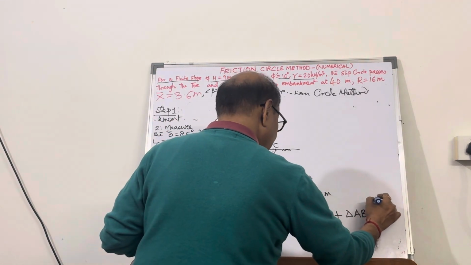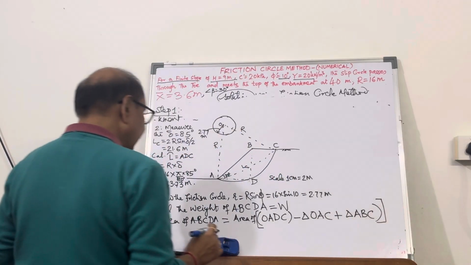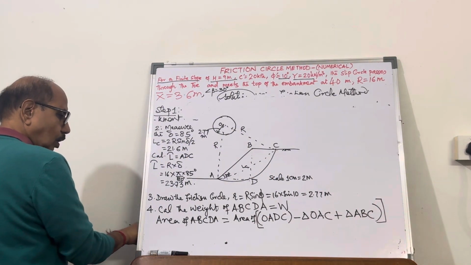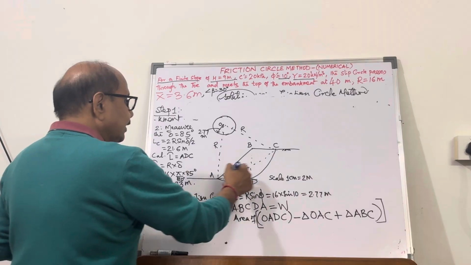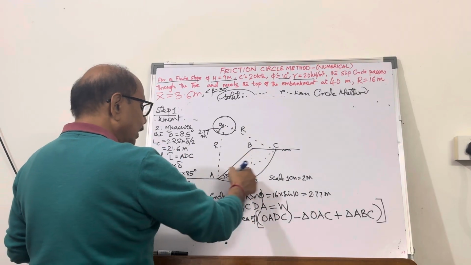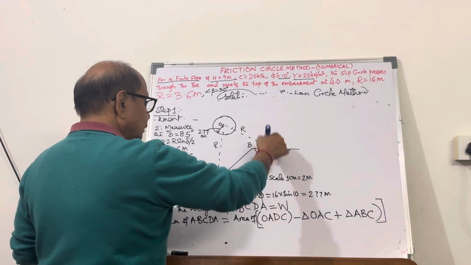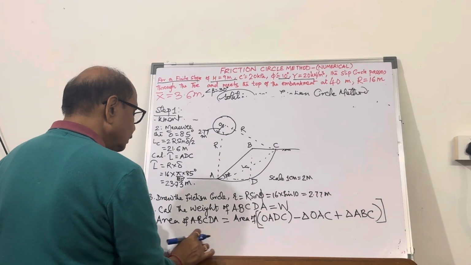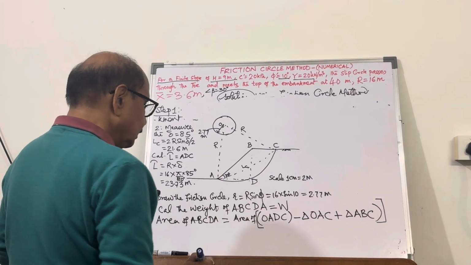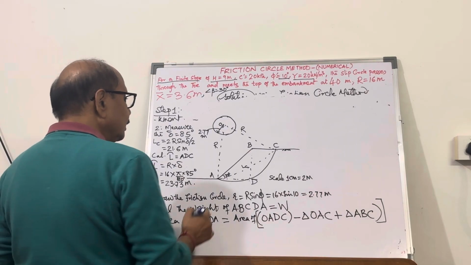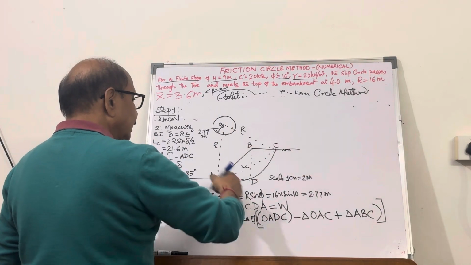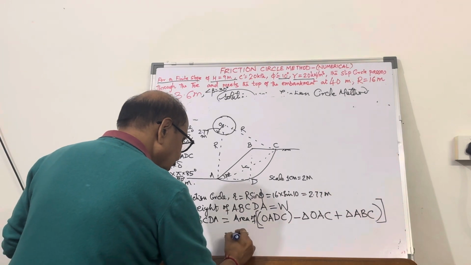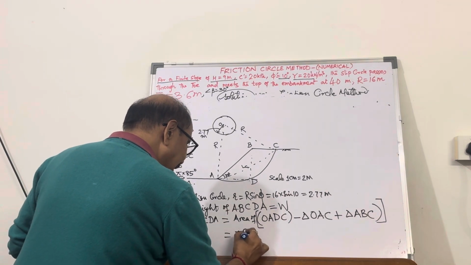So first of all, let us find out the area. It's quite simple. What will be the area of this sector? The complete circular sector. You know the area of the full circle is pi r square.